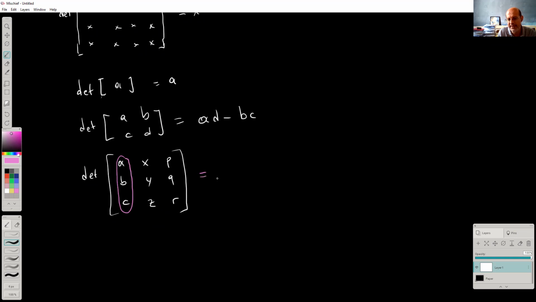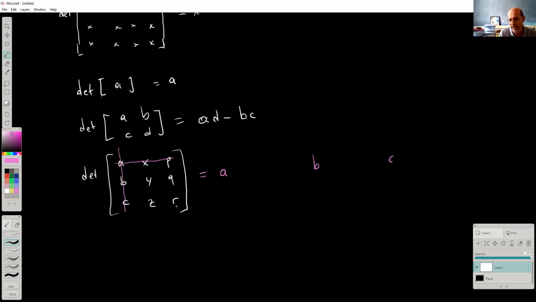What you do is you first write down these entries in here, A, B, and C. And then next to this A, for example, A is an entry in here, so you basically eliminate the row and the column that A belongs to.